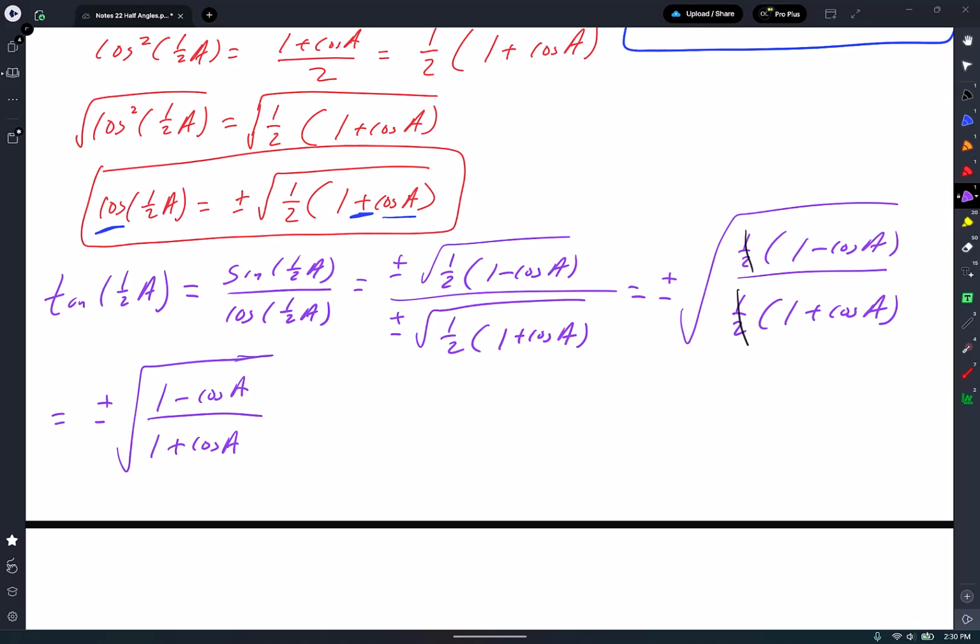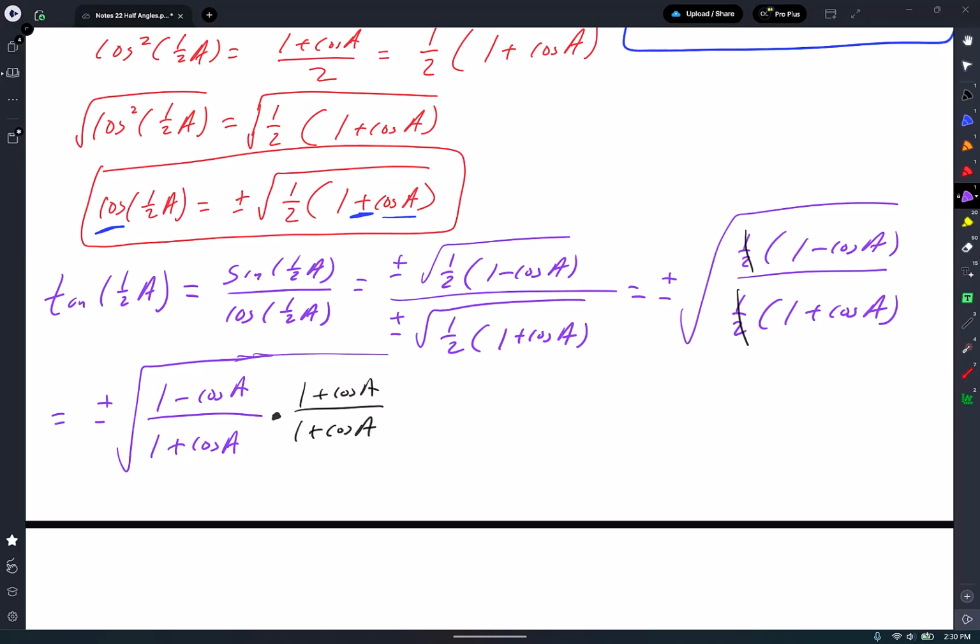We can always do something to it, guys. I'm going to come in here and I'm going to multiply by the conjugate. Really, I can multiply by the conjugate of whichever one. I can do 1 plus cosine a or 1 minus cosine a. But whatever you do, you got to multiply by 1. So it could be still the same, right? So I'm going to write 1 plus cosine a over 1 plus cosine a. This is all inside still the square root.